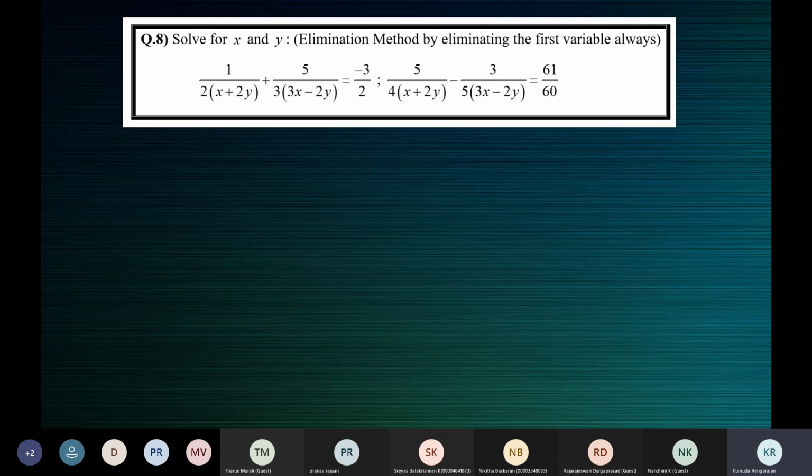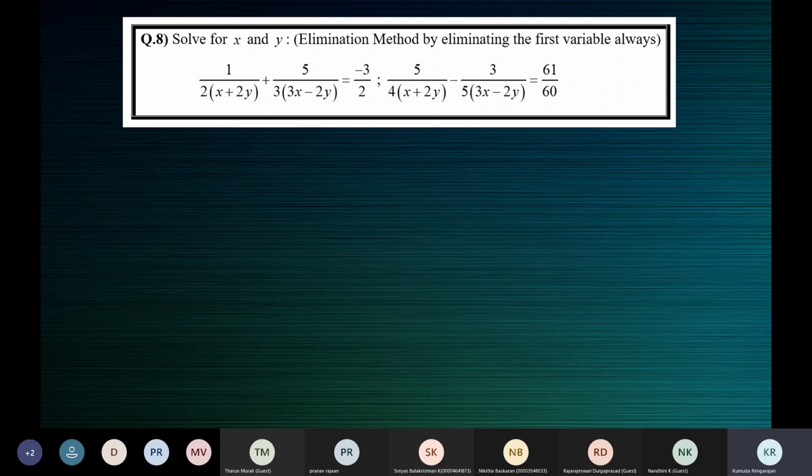So solve for X and Y. Elimination method by eliminating the first variable always. First variable meaning that X variable, or if you use U and V, the first variable always. Don't think it's very difficult. I have specified so that all of us will have the same. Now I'm teaching you, so after some days, I might come back to this question and ask you to work.